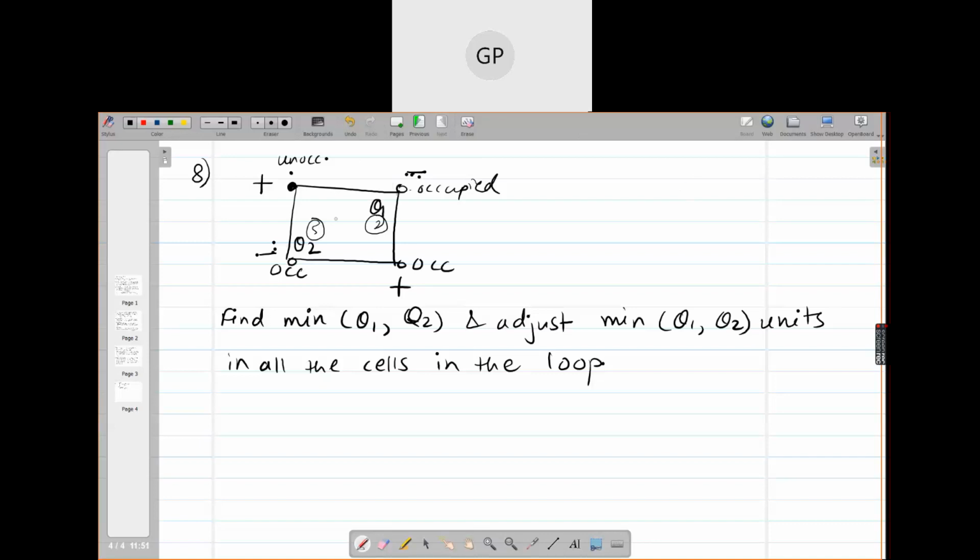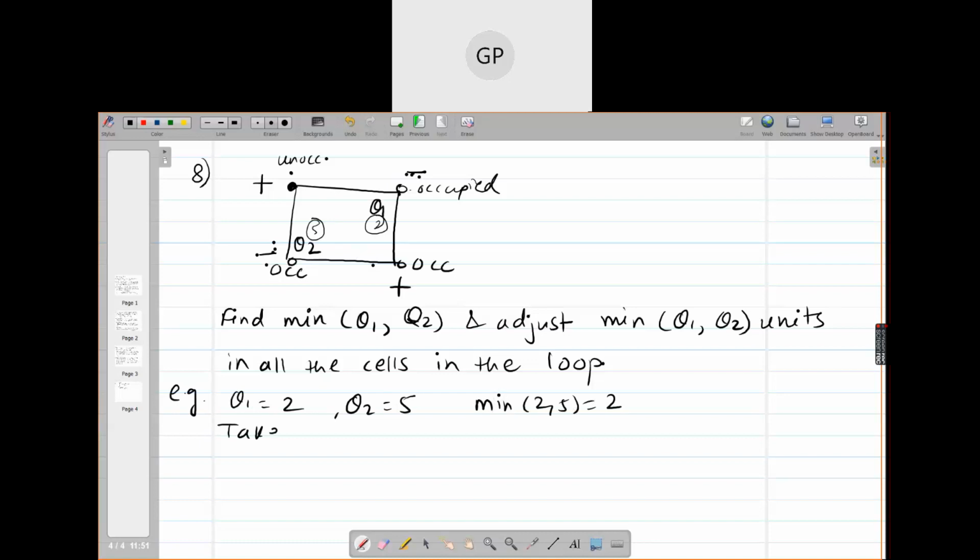So what you will do, you will take out 2 units from each negatively signed cell. You will take out 2 units and in each positively signed cell you will put 2 units. Is that okay? So for example, theta 1 is 2, theta 2 is 5. Then the minimum of 2 and 5 will be 2.